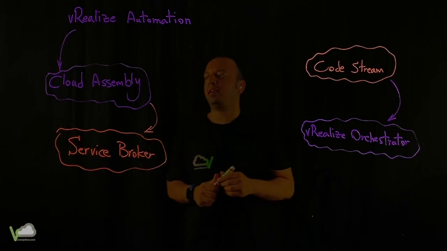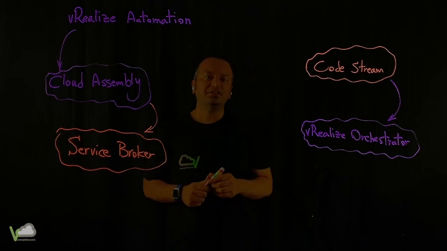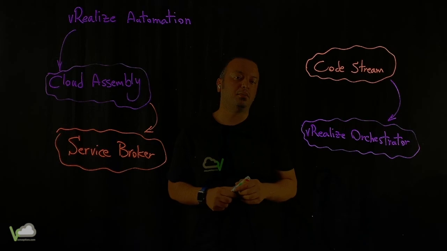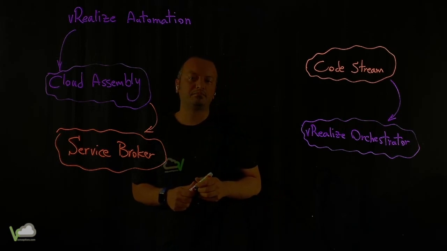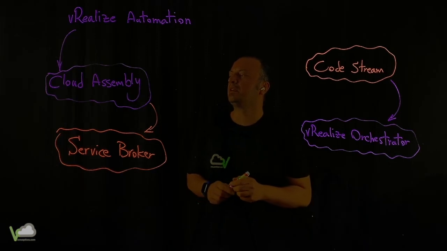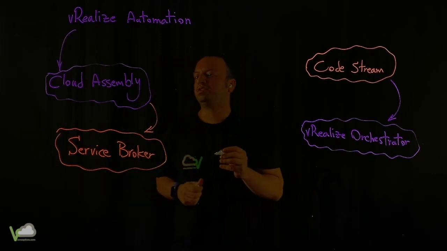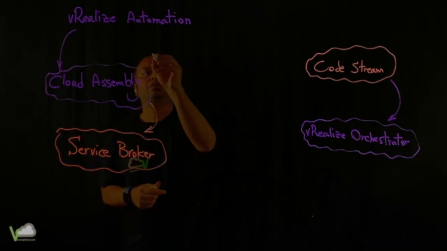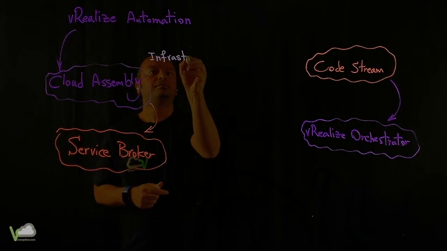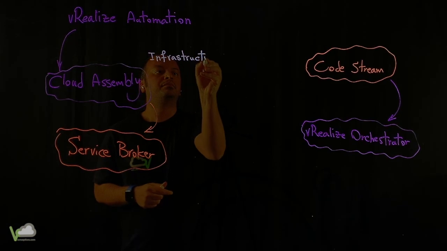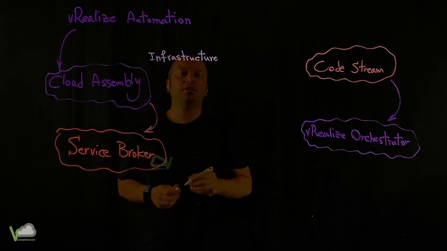So VRA here consists of four major components. The very first one is Cloud Assembly. Cloud Assembly is the place where you have your infrastructure configured. What do I mean by infrastructure?